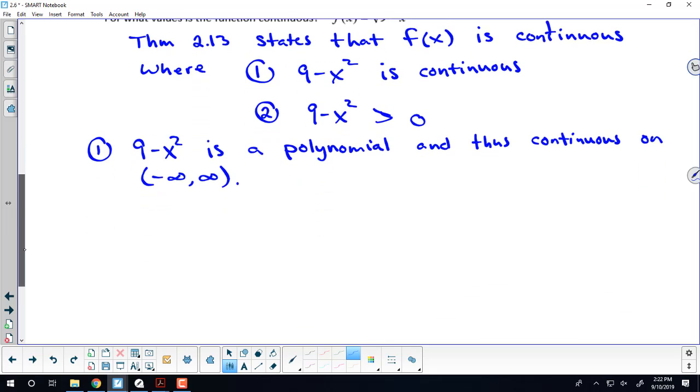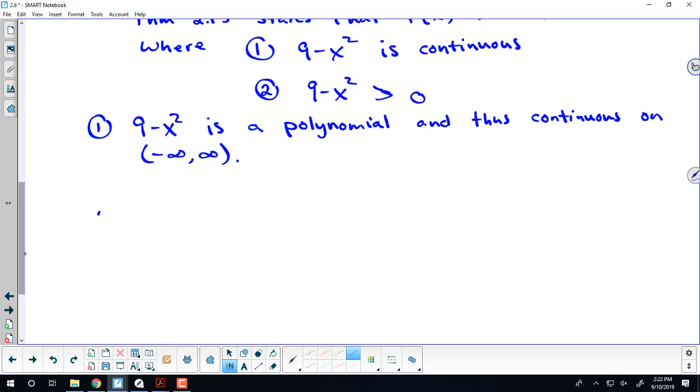Okay. And then the second question is, when is 9 minus x squared larger than 0? When x is greater than 3, do y'all agree with that? It's 9 minus 16.